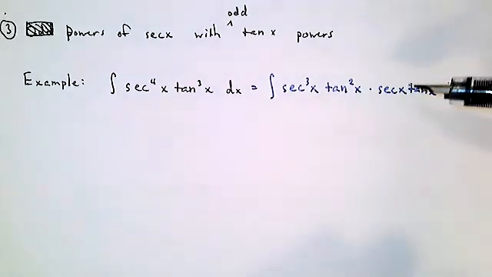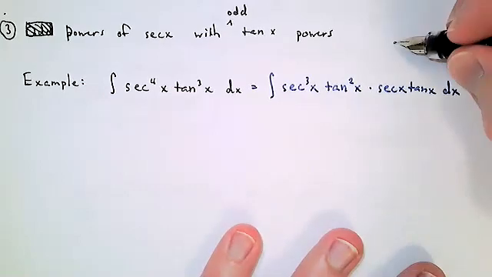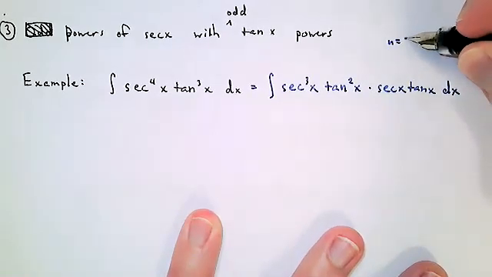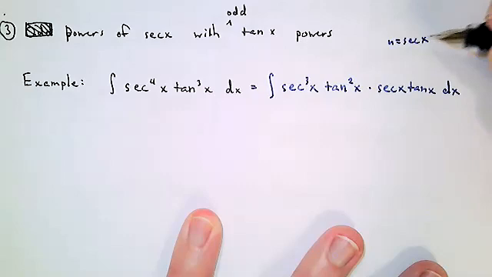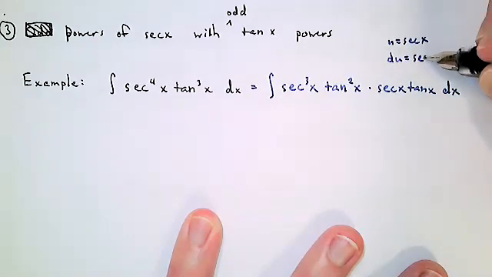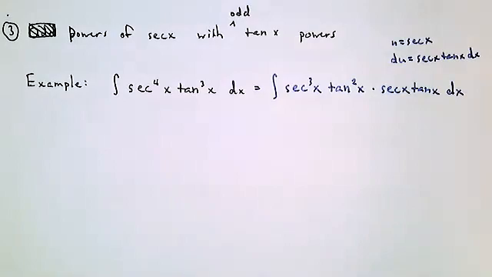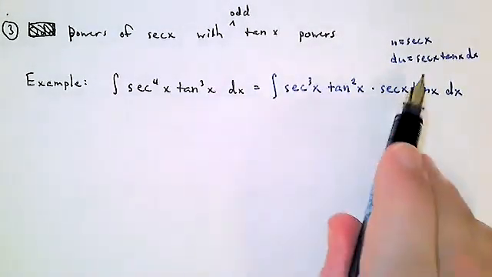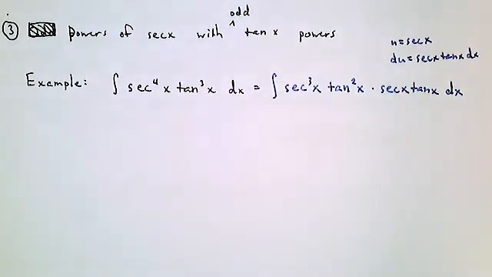The idea here is that I'm eventually going to do a u substitution for secant, in which case my du would be a secant x times tangent x. So this that I broke off is eventually going to become my du.